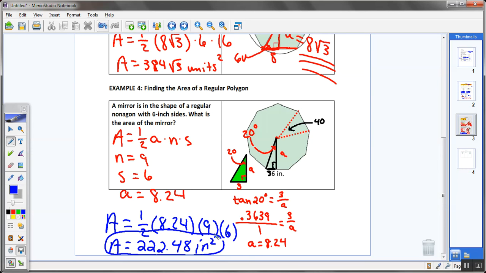But if I'm talking any regular polygon, all sides equal, what's your formula for finding the area of any regular polygon? Half of A times the number of sides times S. So if you can remember half D1 D2 for kites and a rhombus today, that's good. And for regular polygons, if you can remember half A N S, you'll be okay. All right?